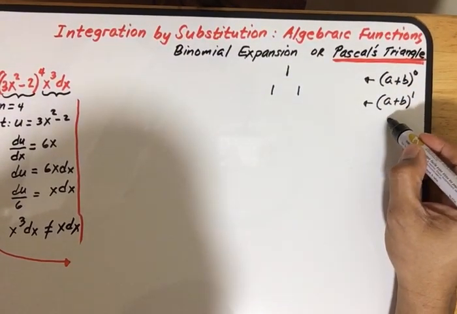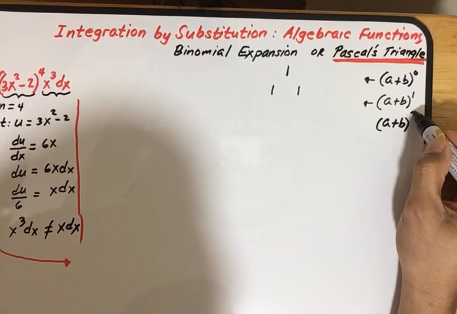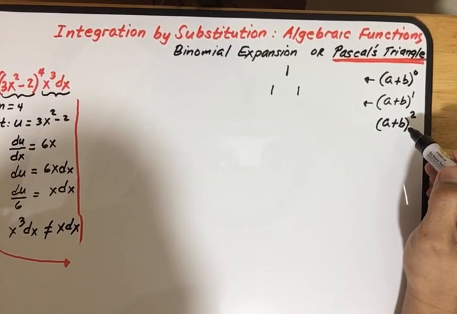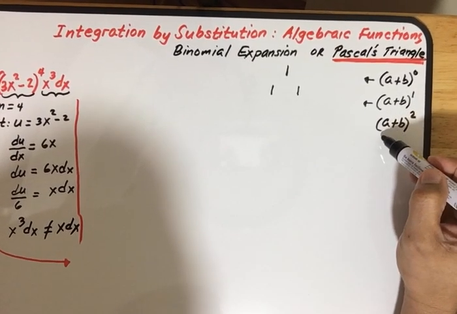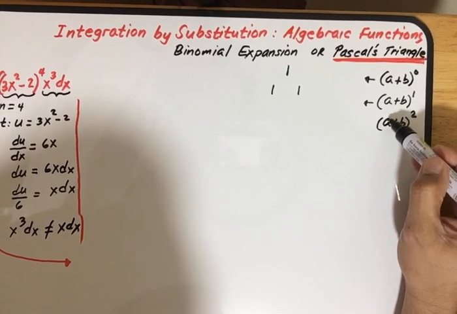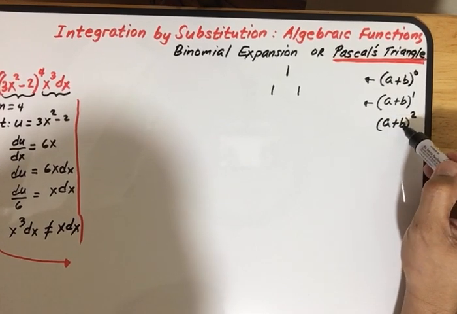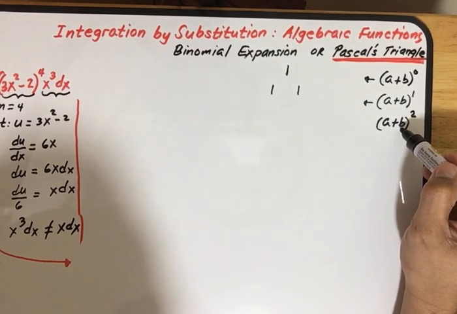Then for a plus b raised to a power 2, if you still remember from your algebra, when you expand this, the first term of the expansion is the square of the first term, then plus twice the product of a and b, then the third term is the square of the second term.